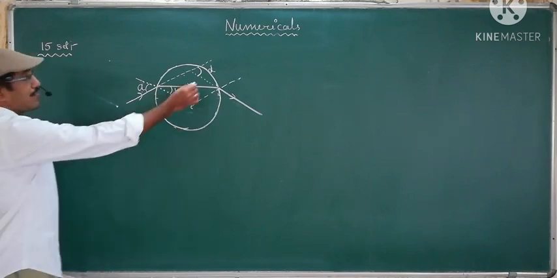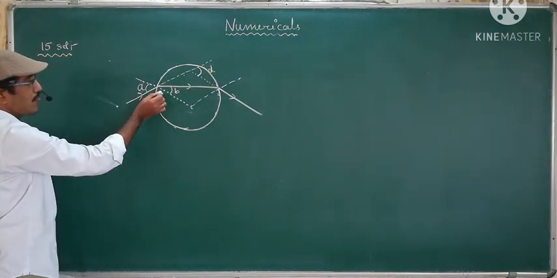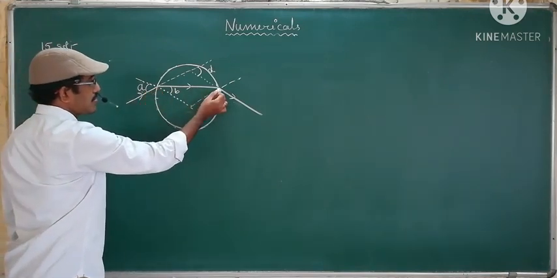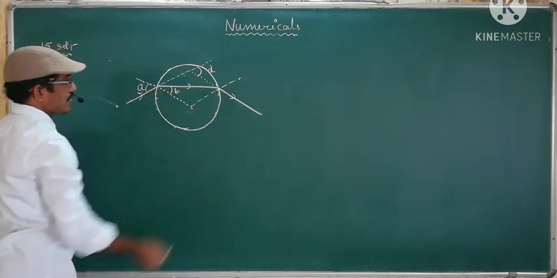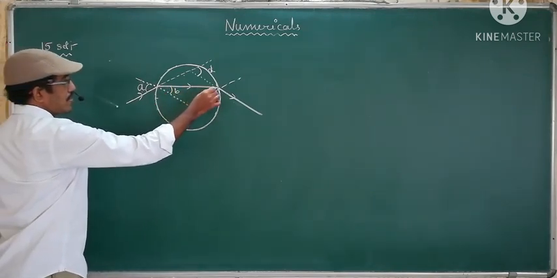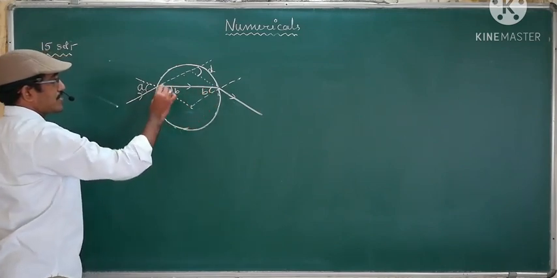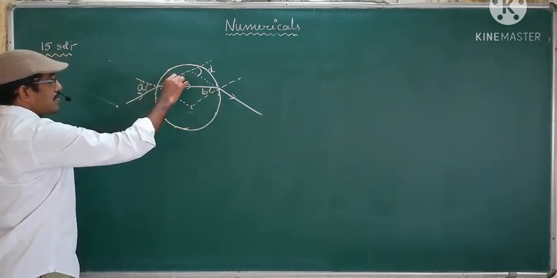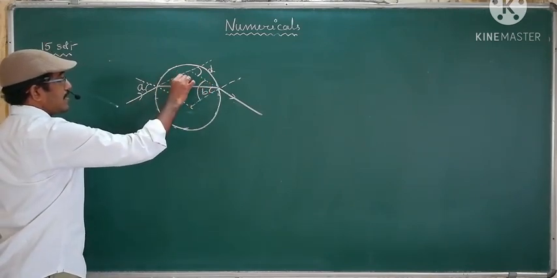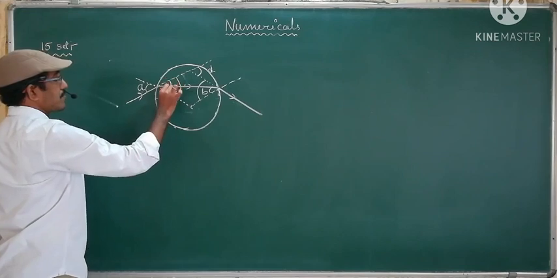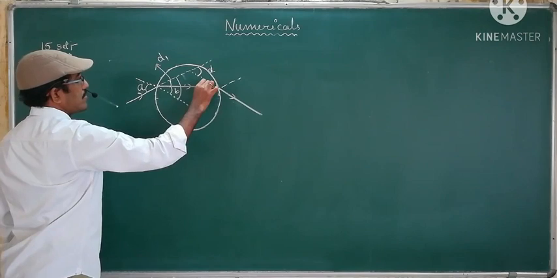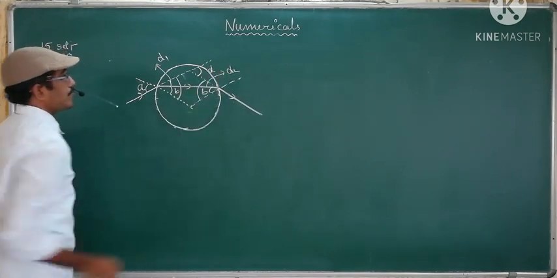First we need the angle of deviation during the first refraction and the angle of deviation at the second refraction. This is the angle of refraction and here also the angle of refraction, and this is A and this is also A and this is also A. Then this is the angle of deviation, that is D1, and this is the angle of deviation, that is D2.